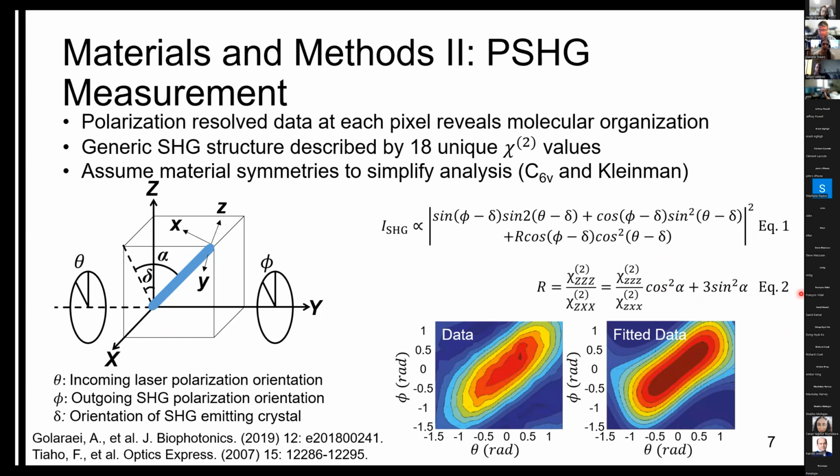And so by fitting our data represented by a contour plot of the laser polarization versus the SHG polarization at each pixel, we can actually pull out our R value as well as delta.